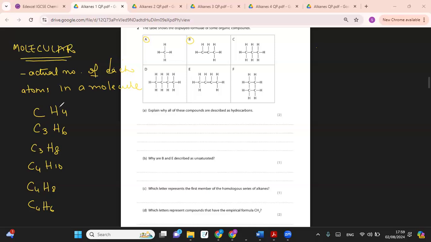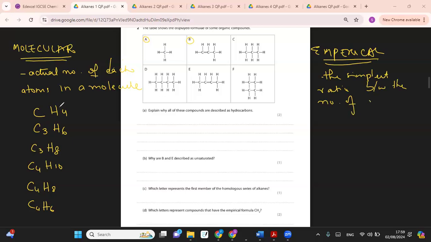Then we have something we call the empirical formula. The empirical formula is the simplest ratio between the number of atoms in a molecule.